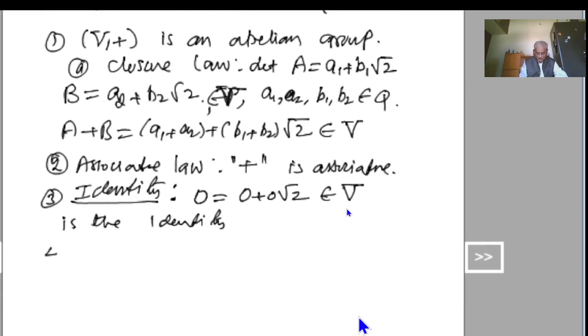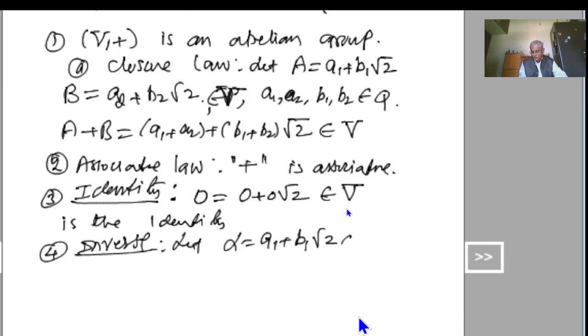Fourth one, inverse. Let alpha equal to A1 plus B1 into root 2 belongs to B. This implies minus alpha equal to minus A1 minus B1 into root 2.